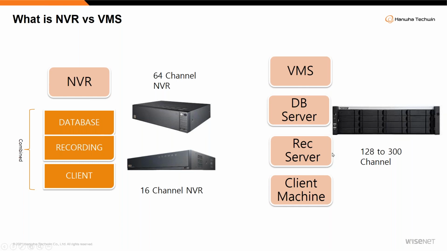You have multiple servers for recording. You have one server for 300 cameras, or you'll buy another dedicated server for another 300 cameras, so you will scale it depending on your requirement. Then you have a separate client PC depending on the number of monitors that you require. Now let's jump to the schematic and get a better picture.